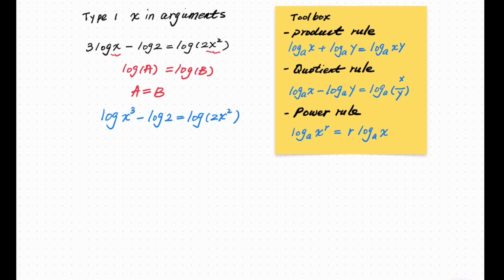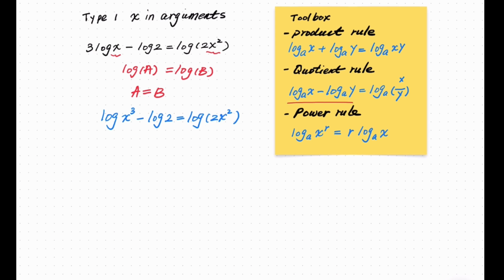Now on the left side, we have two log expressions with the same base, which we assume is 10 since there's no base explicitly written. Now we can combine them using the quotient rule, which says the subtraction of two logs can be changed to a single log expression with the quotient of their arguments.